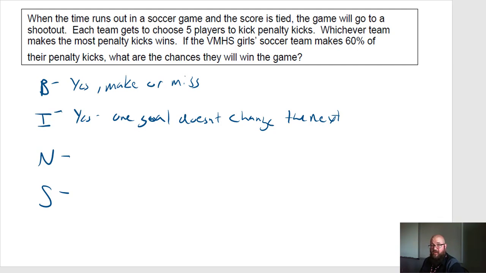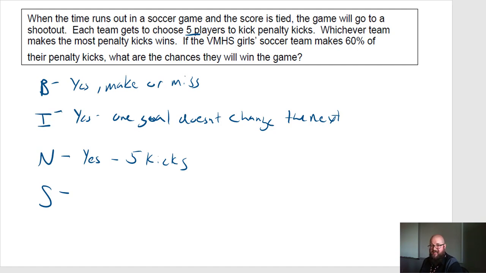A set number of trials. So in this case, do we have that? And they said up here, I believe we get 5 players to kick, right? So 5 players to kick. So then yes, we have a set number here. We have 5 kicks. So our trials are set up for 5 kicks.